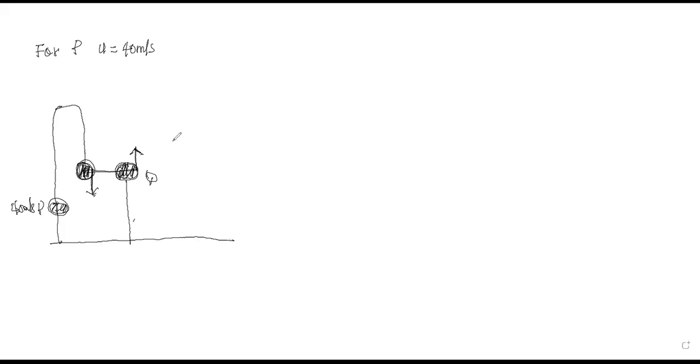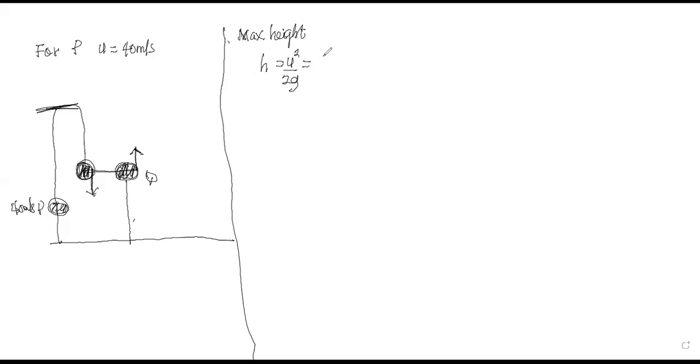Yes. What it means is that we must find the maximum height P gets to. Class, please help me determine the maximum height that can be reached by P. So H is equal to, it is vertically upward, U squared over 2g.